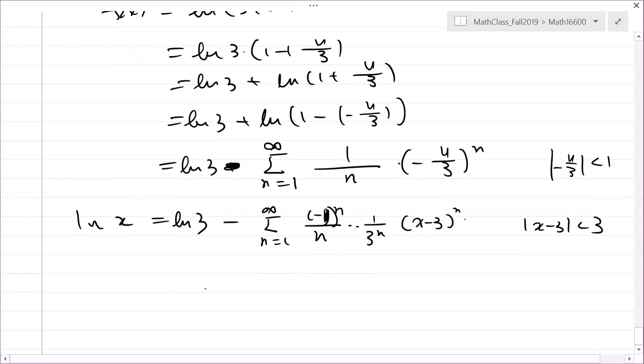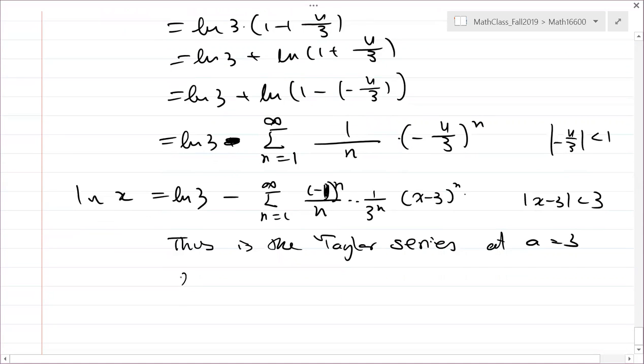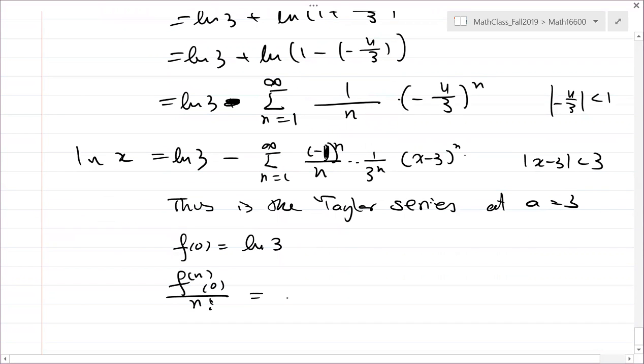If you really want to write it down, it's natural log of 3 plus the sum where f^(n)(3) over n factorial is going to be negative 1 to the n minus 1 over n times 3 to the power n.